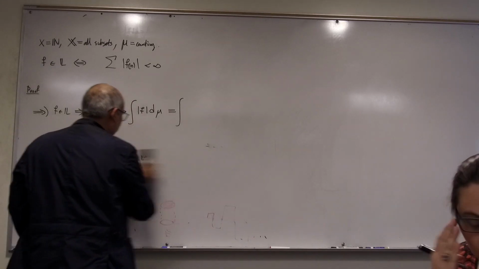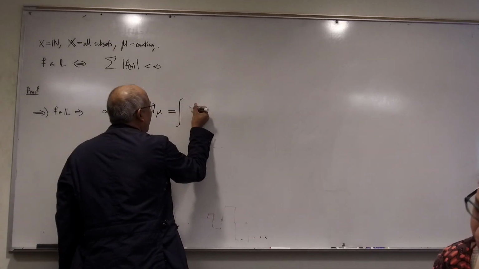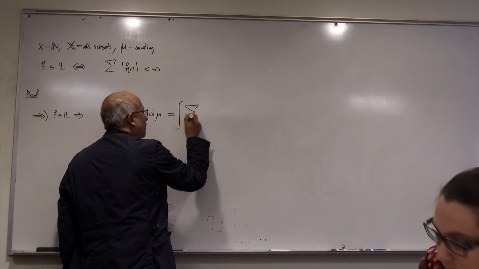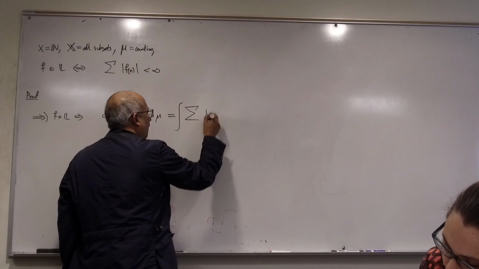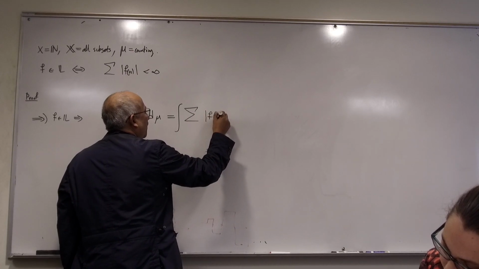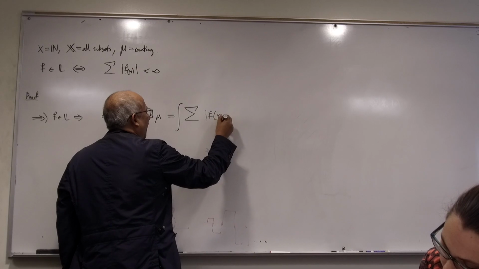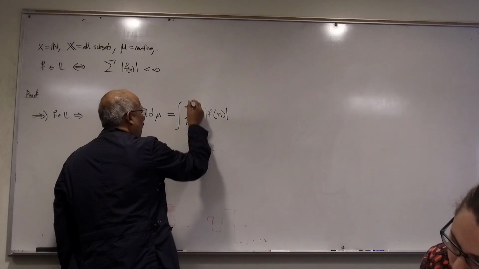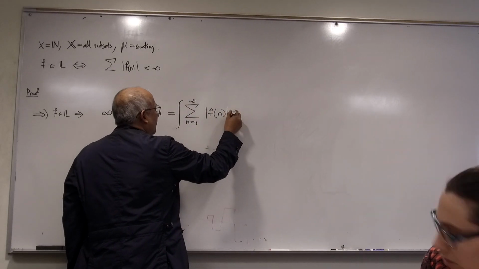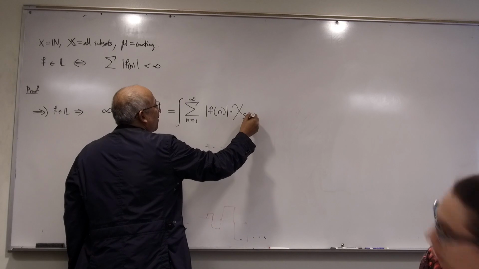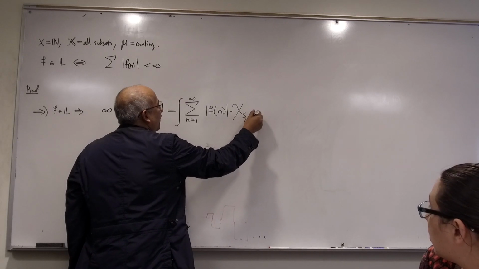In other words, this is the same as the sum of f of n, n equals 1 up to infinity, times the characteristic function of n, right?